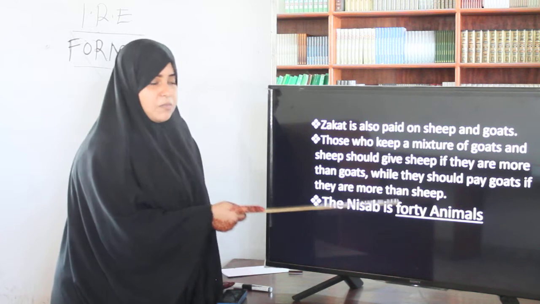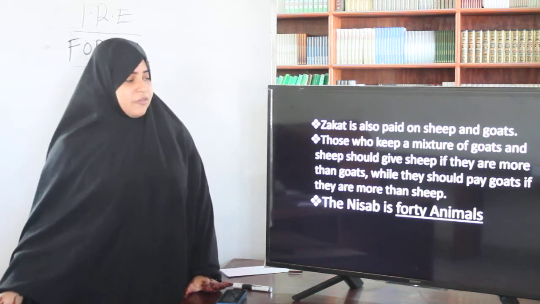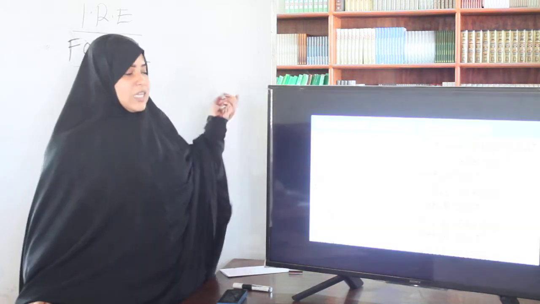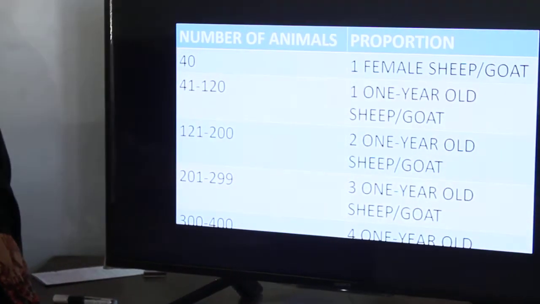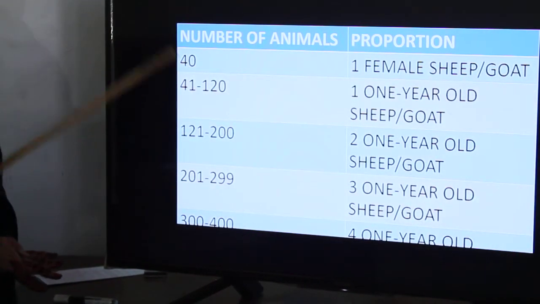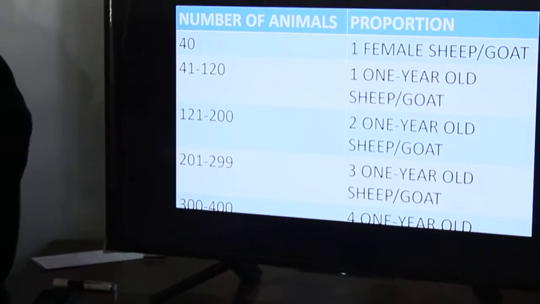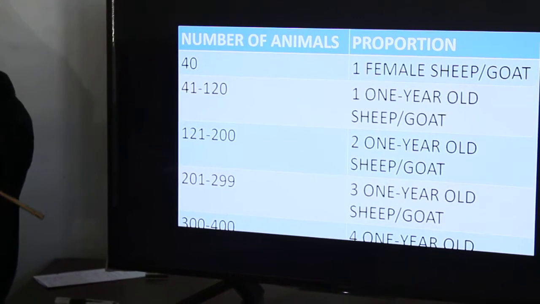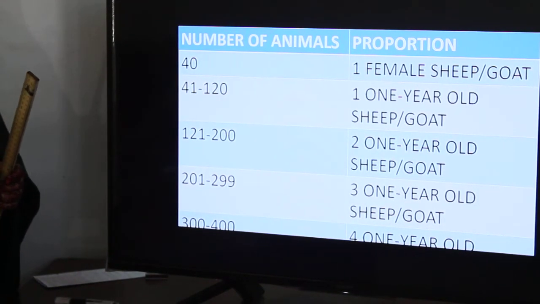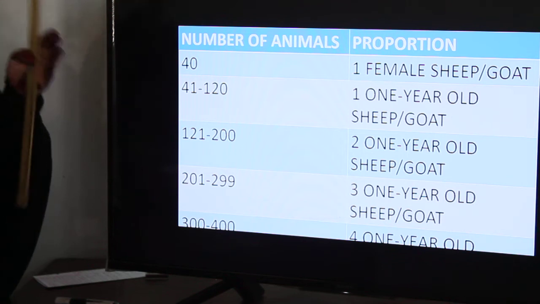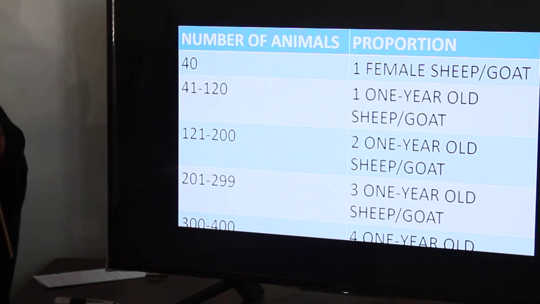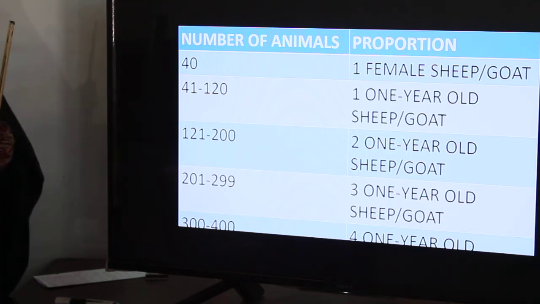If you have a mixture of both goats and sheep, then you look at which is the greater number. If you have more sheep, then you give sheep as zakat. If you have more goats, then you give a goat as zakat.